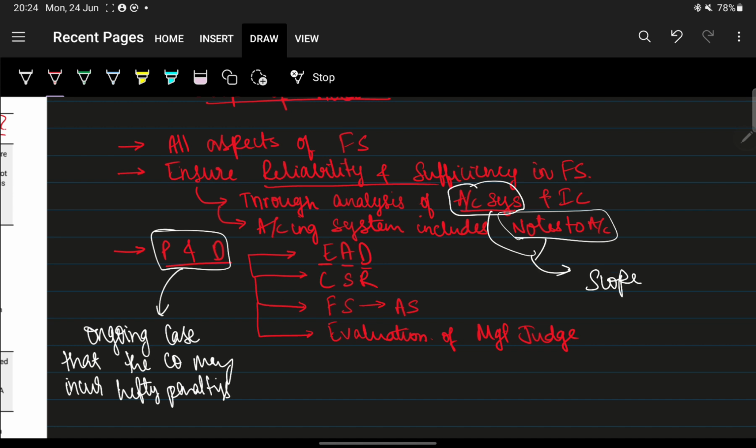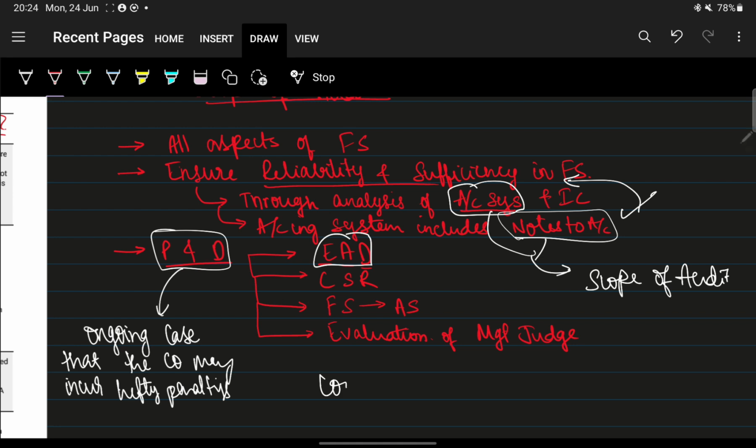So basically we can write that the notes to accounts form part of the accounting system, which is within the scope of audit. And the presentation and disclosure of any contingent event, if the auditor deems that such a case requires disclosure to ensure adequate disclosure, then it falls within the scope of audit.